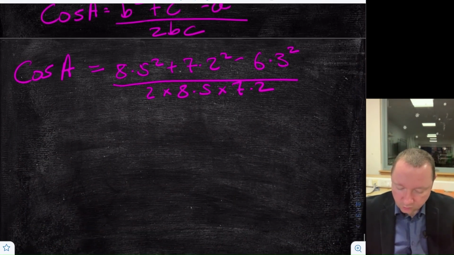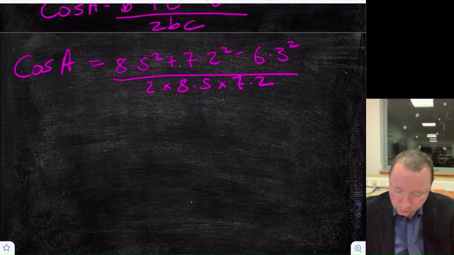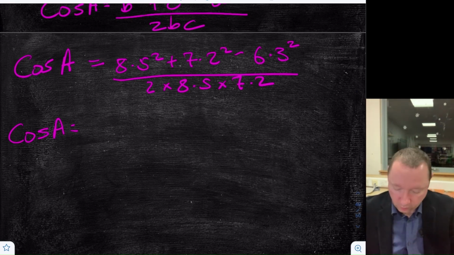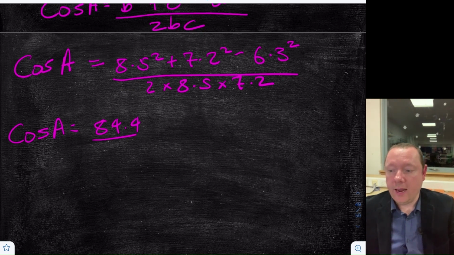So then we can do the inverse cos of our answer. Now, let's just tidy this up a little bit. If we work out our top, we get 84.4. If we work out our bottom, we get 122.4.